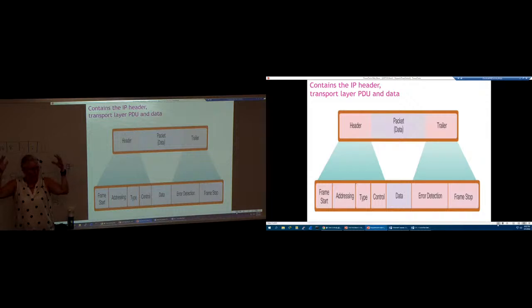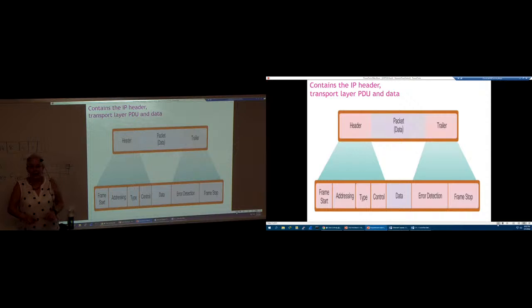Now this segment gets pushed down to the network layer, and it picks up a source and destination IP. So what layer are we at? Layer 3, the network layer, and it's called a packet.